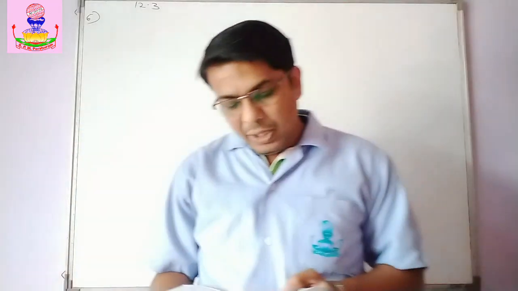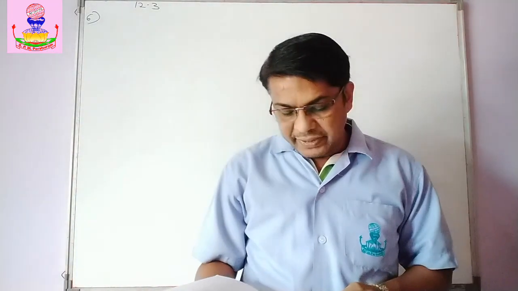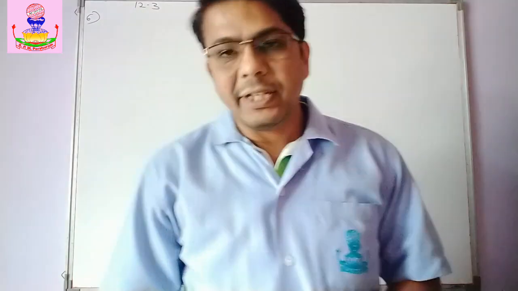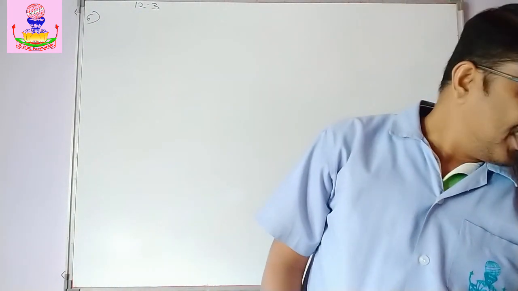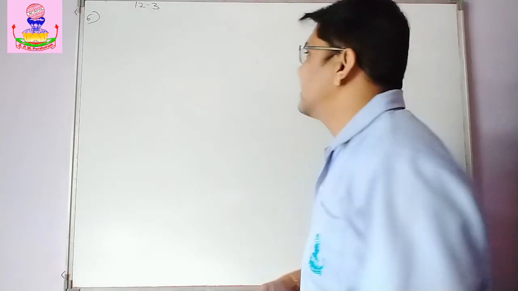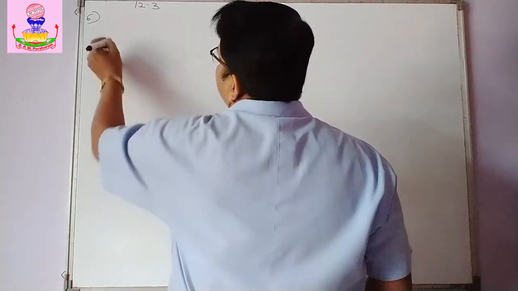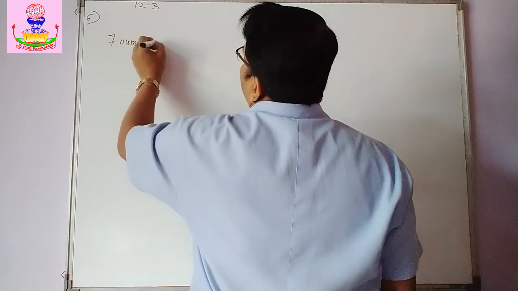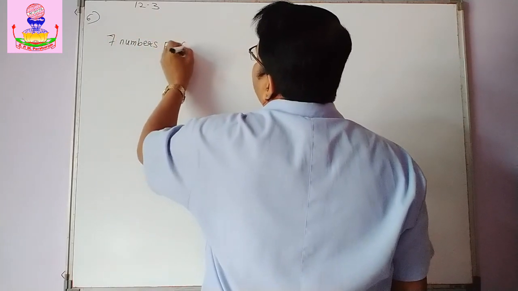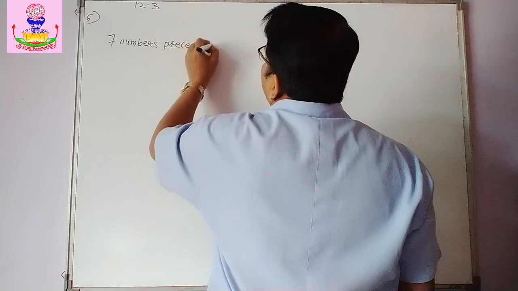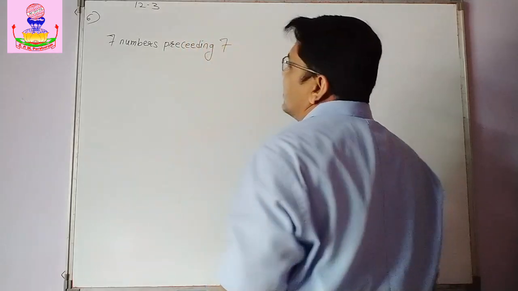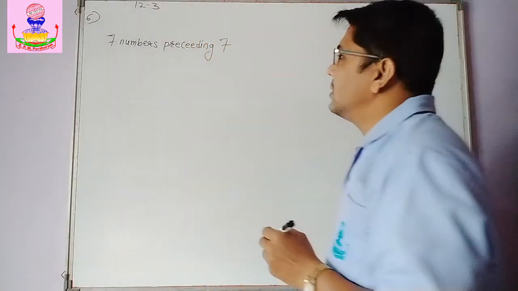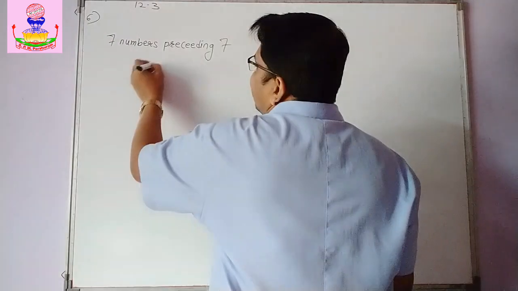Now see, sixth example. What is the average of 7 numbers preceding 7, each decreasing by half? Okay. So first we should find out the 7 numbers preceding 7, each decreasing by half. Now here, the first number is 6 and a half.